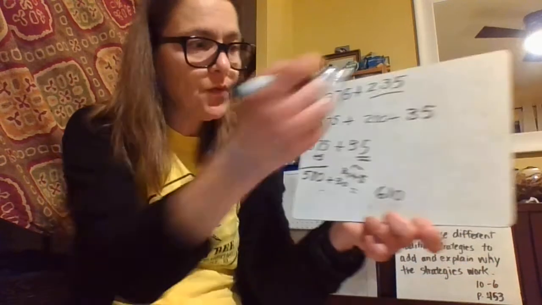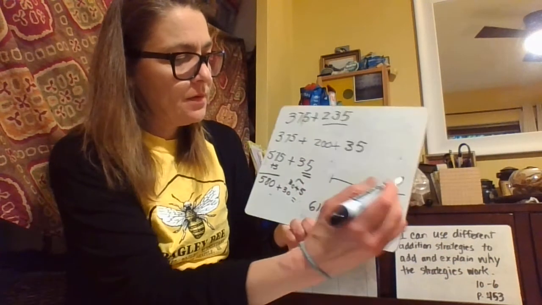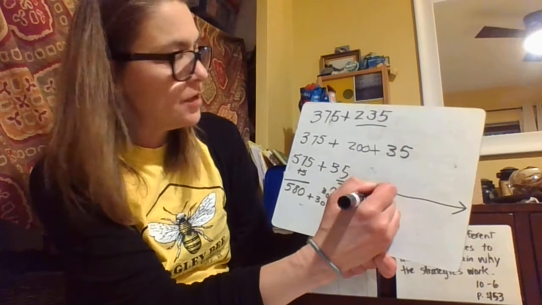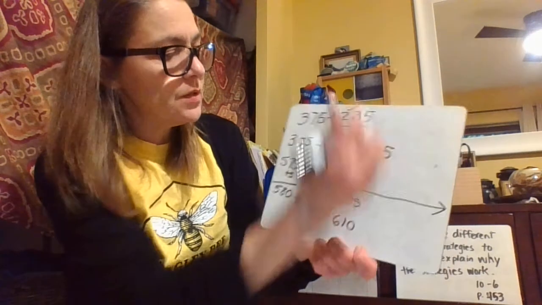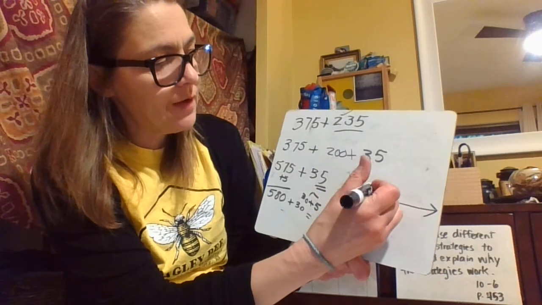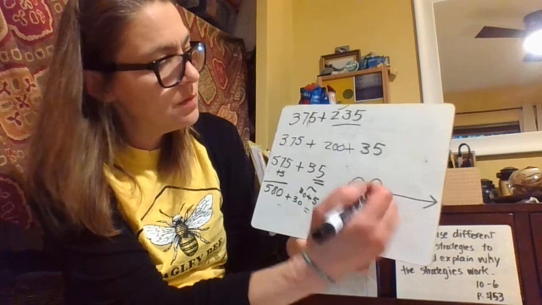So if you want to do this on an open number line, you would start with 375 and you would add your 200s. So we would go 375, 475, 575, and we write our labels.